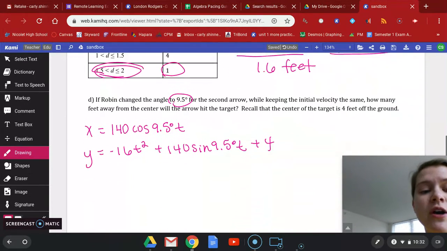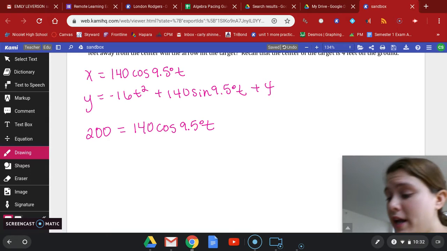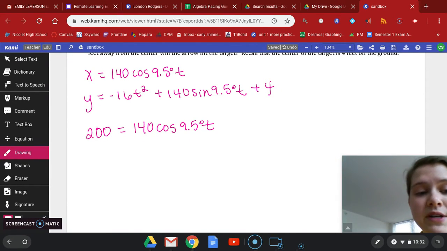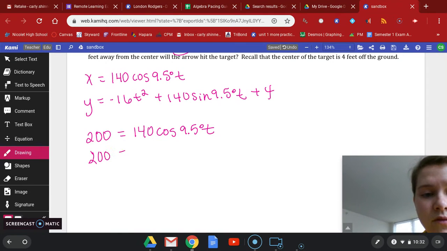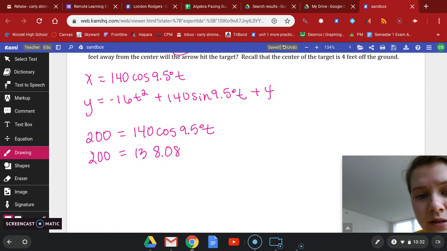So the target was 200 feet away. So I'm going to set my horizontal equal to 200. 140 cosine of 9.5 is going to be 138.08 t.